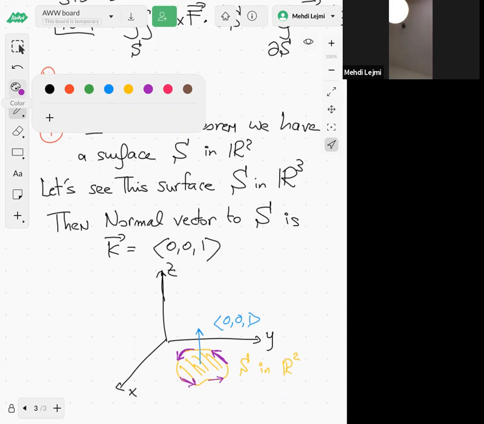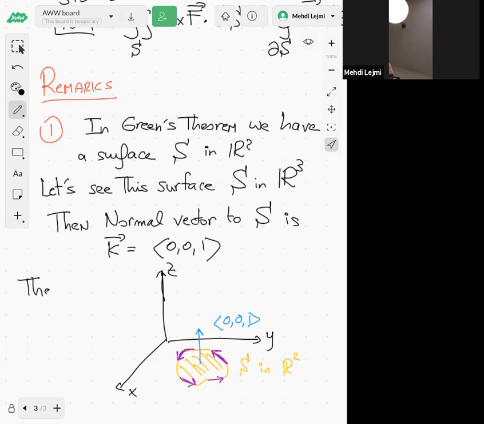The index finger points along the orientation of the boundary, and the middle finger points inside the surface S. All I'm saying is that if you take this normal vector 0, 0, 1 to S, we get an orientation consistent with the orientation required in Green's theorem. All right.